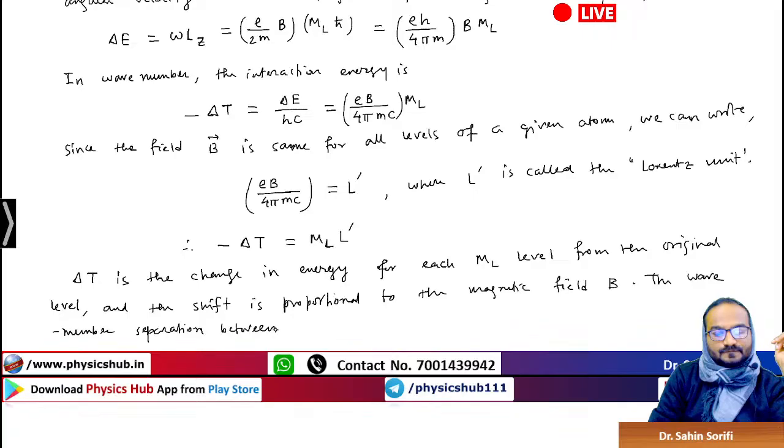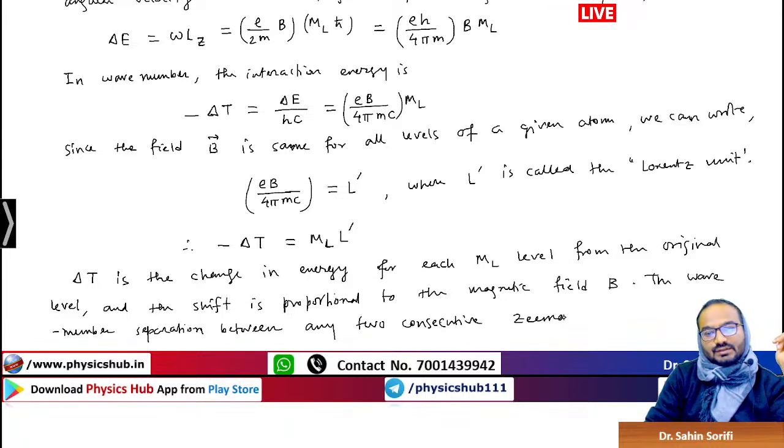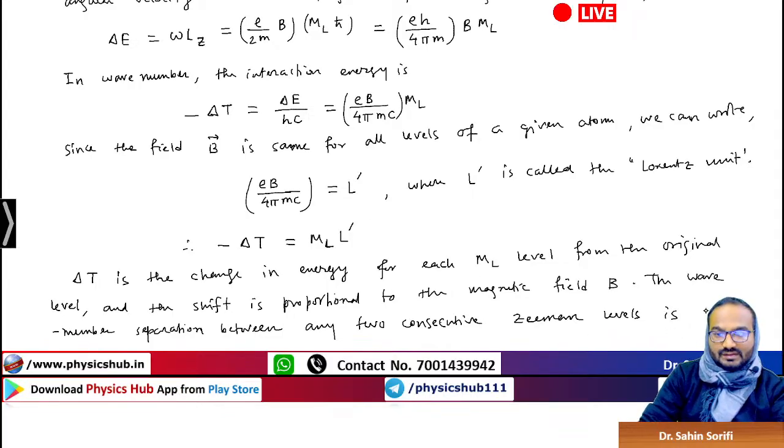And the wave number separation between any two consecutive Zeeman levels is, look, ml will be separated by 1 unit, right? So each level is separated by 1 unit, and you see the product of L prime is there. So what is the separation between any two consecutive Zeeman levels? Obviously L prime. Is this understood?